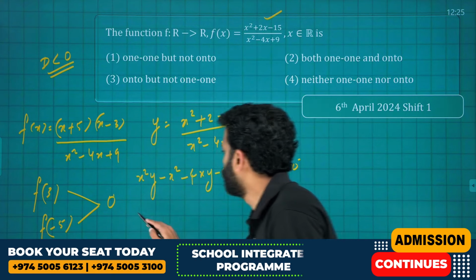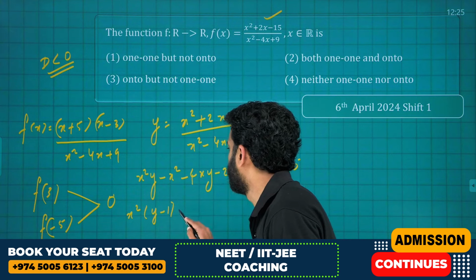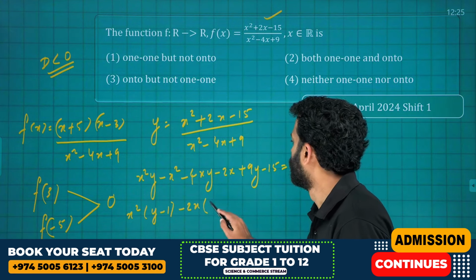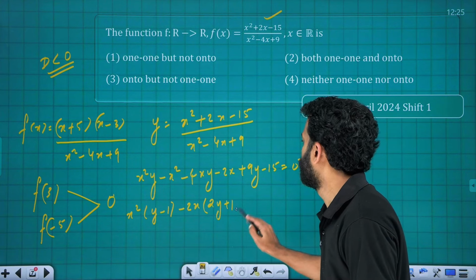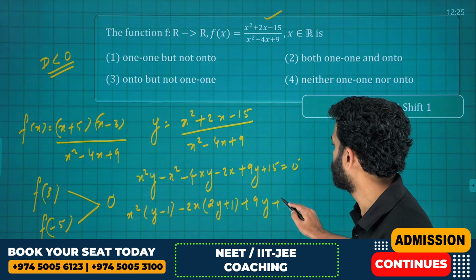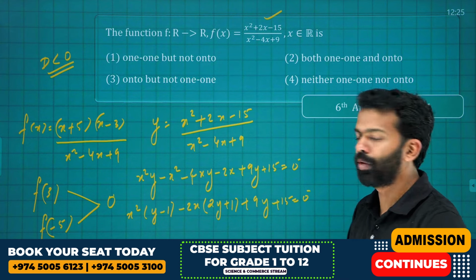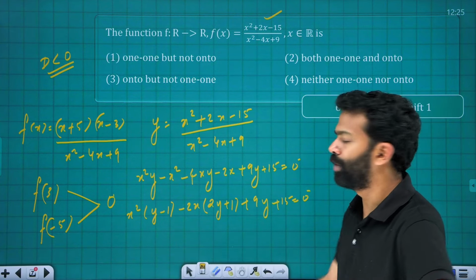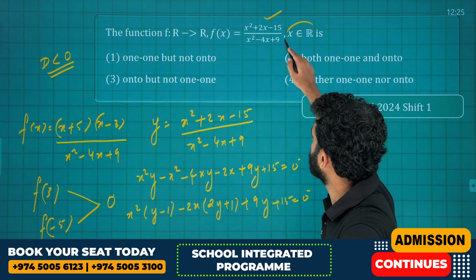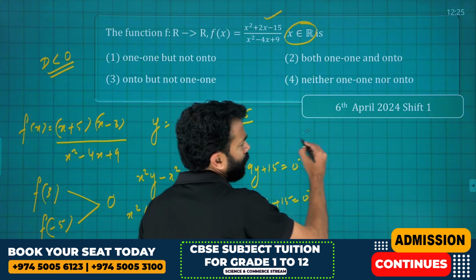So, it will be x²(y - 1) minus 2x(2y + 1) plus 9y plus 15 equal to 0. So, this is a quadratic equation in x. So, what can you formulate from this? It's easy actually. See, they have already mentioned that x is an element of real numbers. So, let's start with the quadratic equation here.